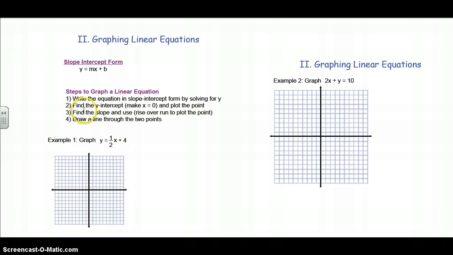Number 3, find the slope and use rise over run to plot the point. Number 4, draw a line through the 2 points. So, if you can graph y equals 1/2 x plus 4, pause the video and see what you come up with. So, you should have gotten, first, step 1, write the equation in slope-intercept form.